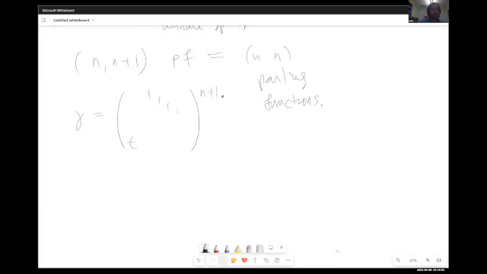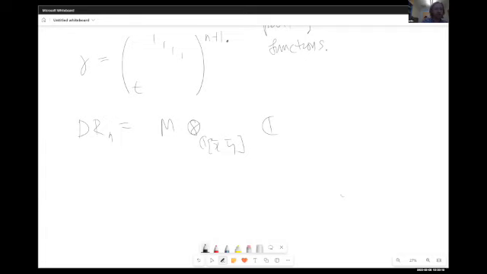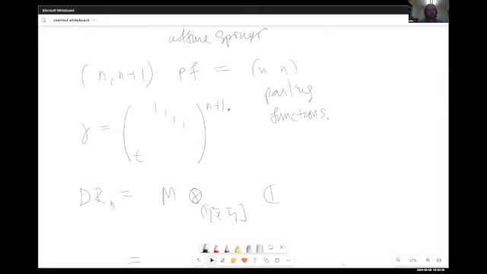There are these weird facts which are true, which is that DR_n is equal to that module M that I was describing, tensored over this guy with C. This tensor product has an interpretation in cohomology, but it's not as this (n+1, n) Springer fiber.